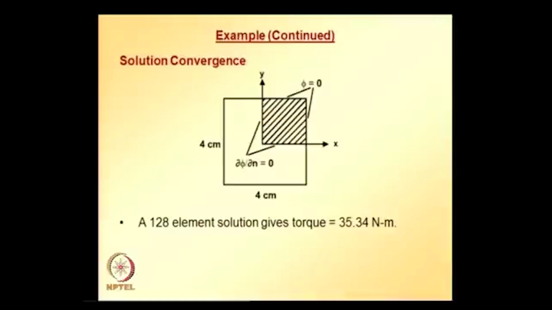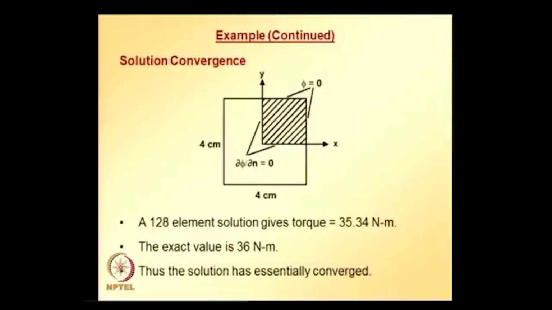So, here 128 element solution is shown. A 128 element solution gives torque 35.34 Newton meter, whereas the exact value is 36 Newton meter. And so, basically the solution is converged or it is converging. So, the finite element equations that we developed are correct.